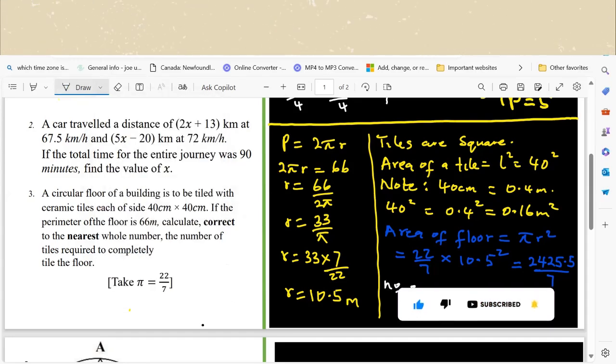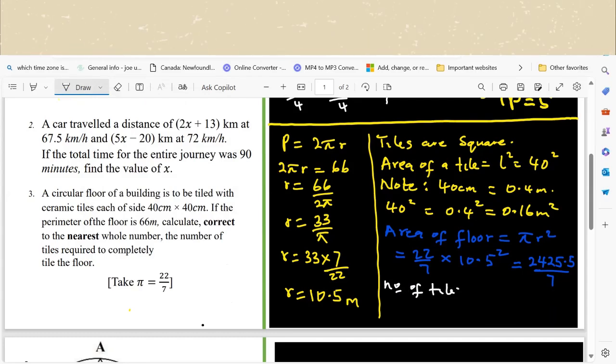So number of tiles equals, we'll divide the area of floor by the area of tiles. So it will give us 2,425.5/7 divided by 0.16.